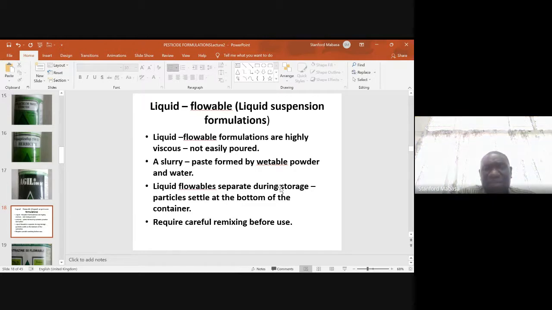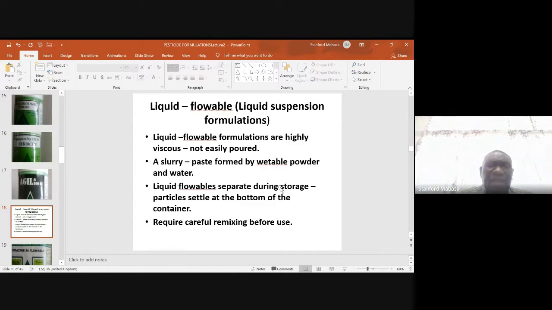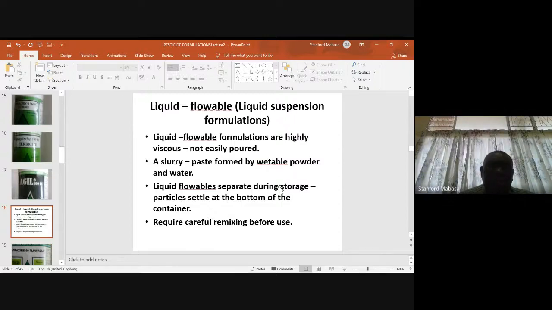Now, the liquid flowables can separate during storage. The big particles settle on the bottom, and you have the fluid settling on the top. So before you use such a pesticide, you really need to shake the container to make sure that everything is mixed.